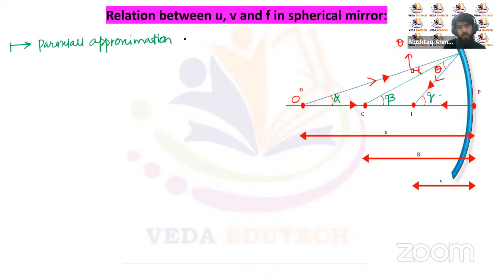Since theta is small, tan of theta will be taken as theta, and sine of theta will also be taken as theta, in case of paraxial approximations.